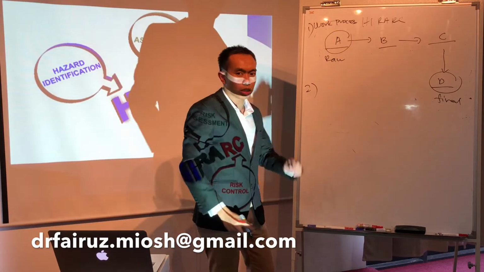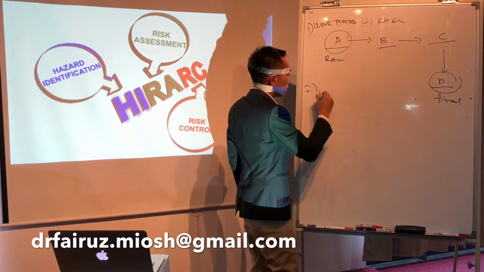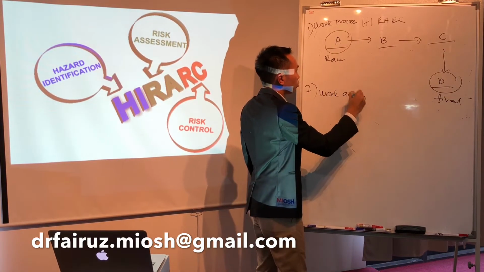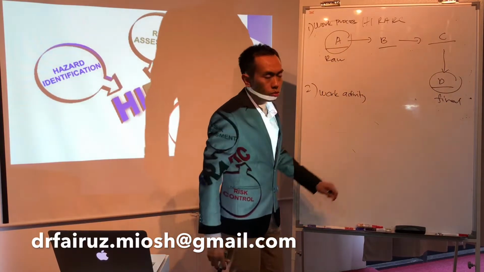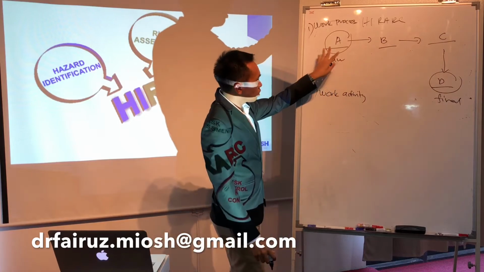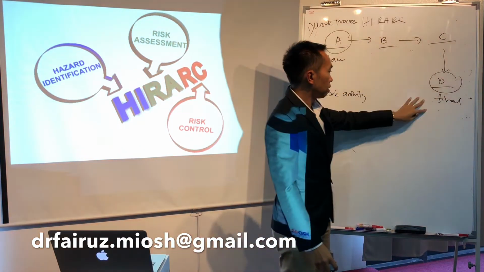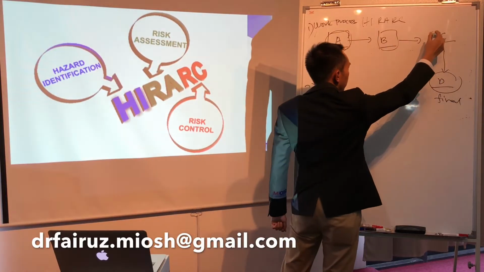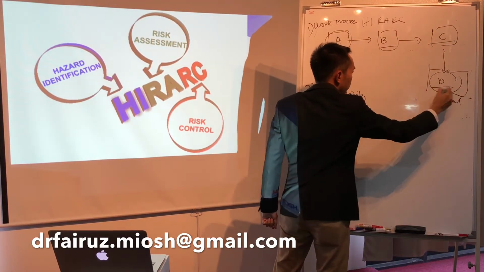Second step, you need to identify your work activity. You already divided into several work units, following your work process. So these are your first work unit, second work unit, third work unit, and fourth work unit.